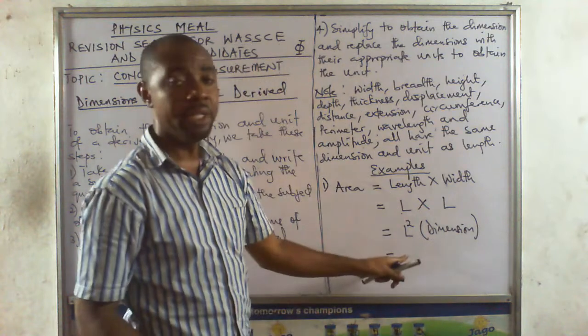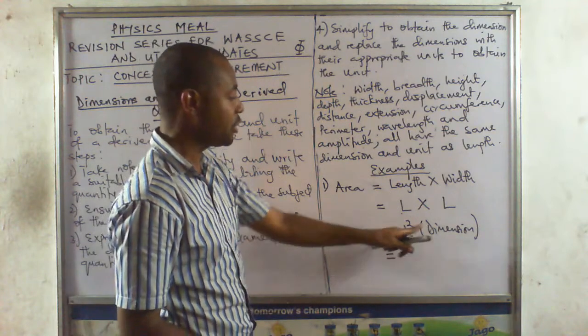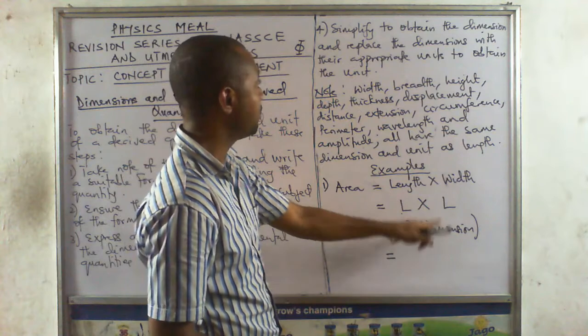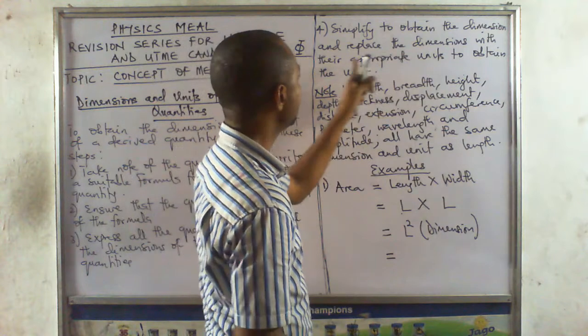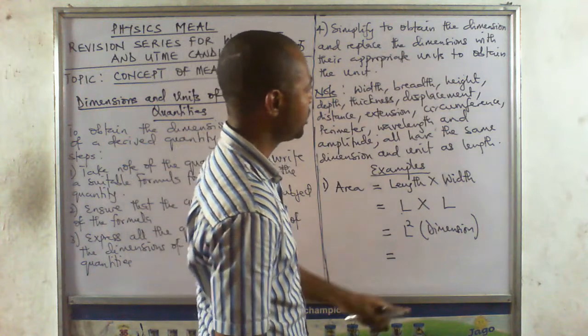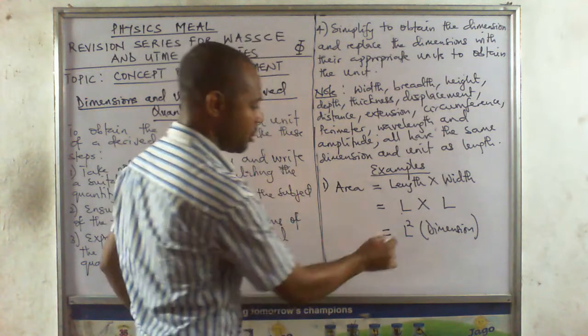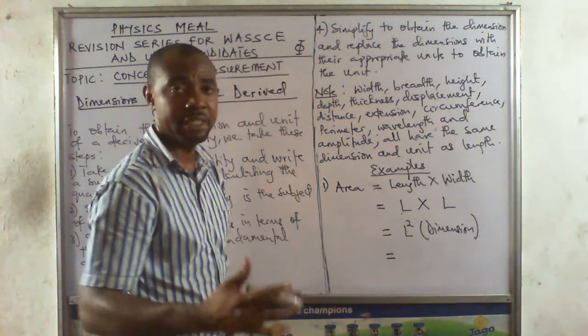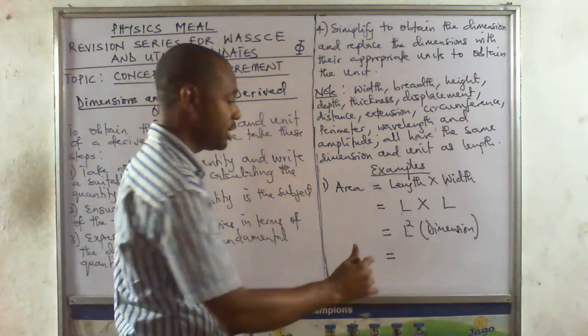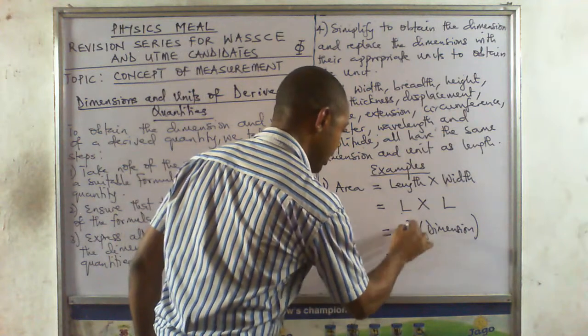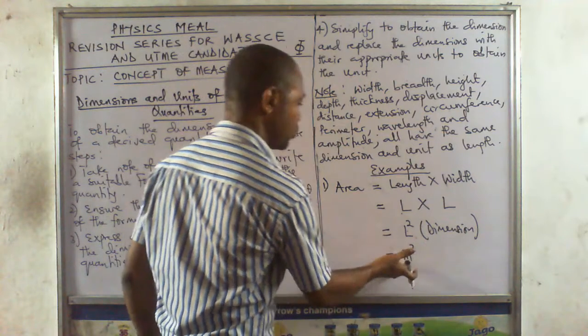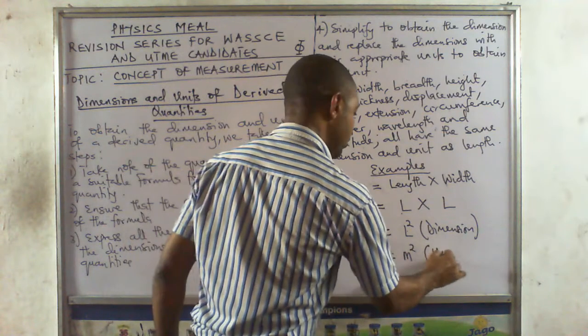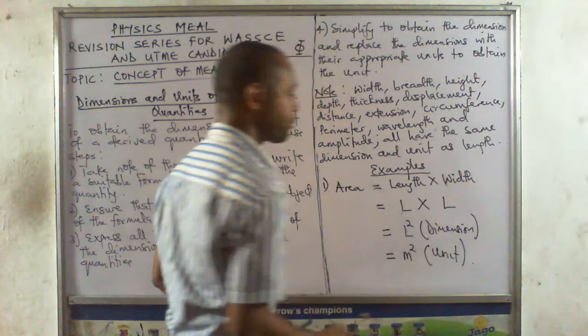Now what will be the unit? We have obtained the dimension. They say replace the dimensions with their appropriate word units to obtain the word unit. So what's the unit of length? In the table, the SI unit of length is meter. So we replace with meter, but this length has power of 2, so meter squared. Now this is the unit of area.